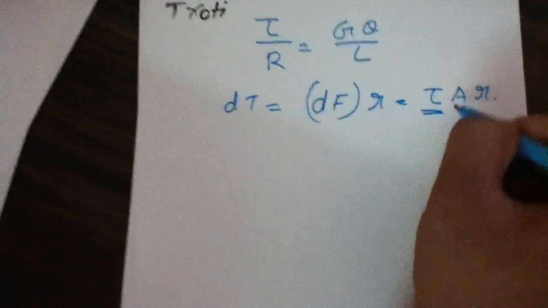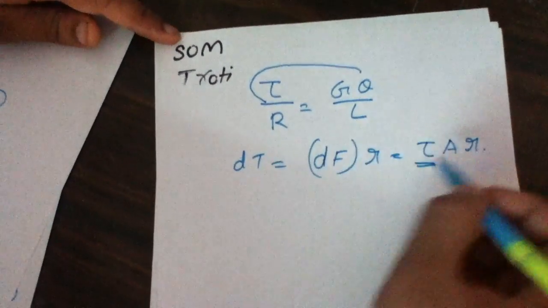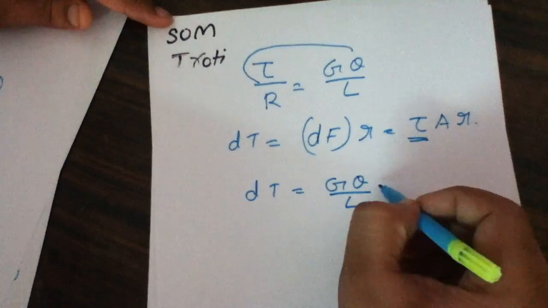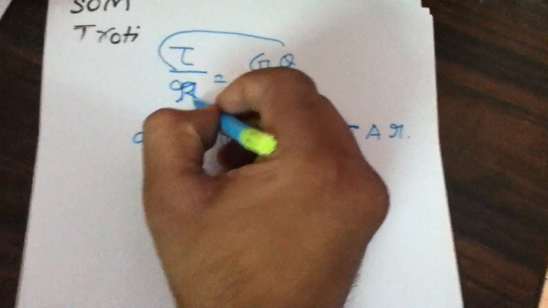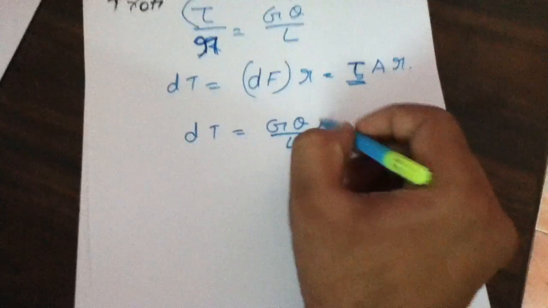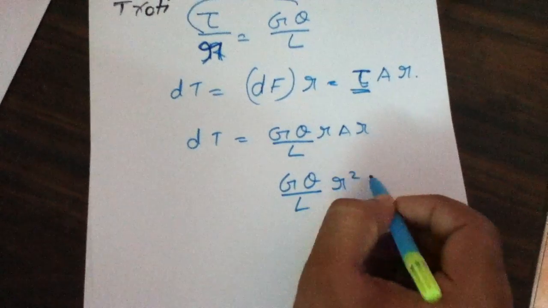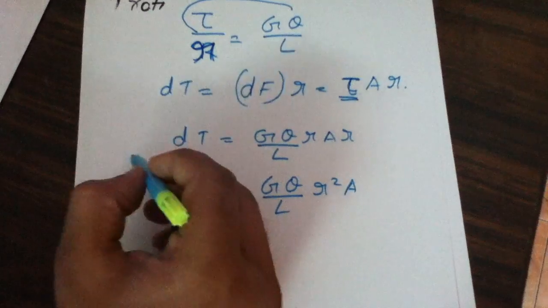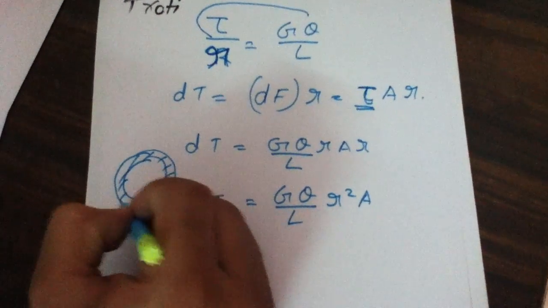So now I am substituting this shear stress here, so dT is equal to G theta by L into r square A, which is the actual torque acting on the small area. Remember that this is only a torque acting on the small section area, not on the full.